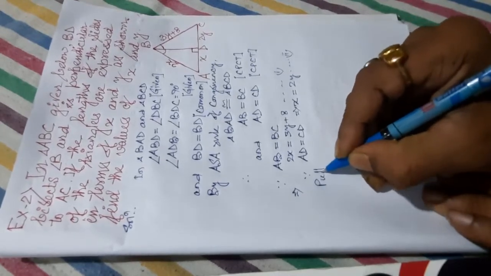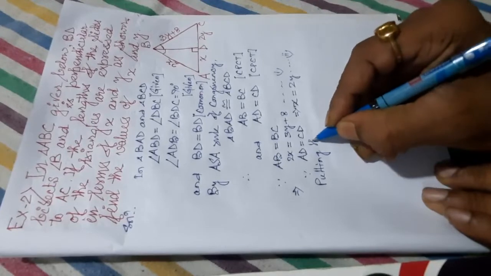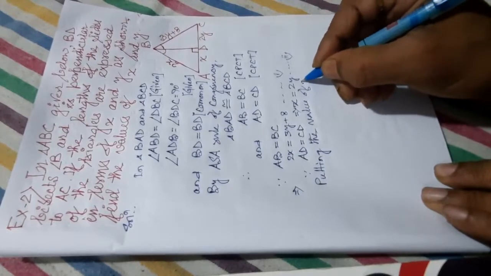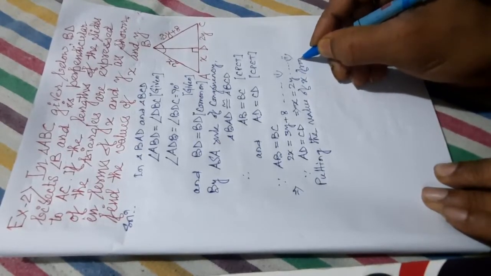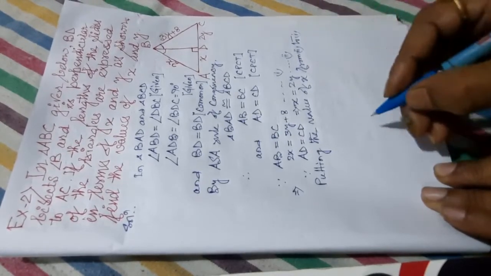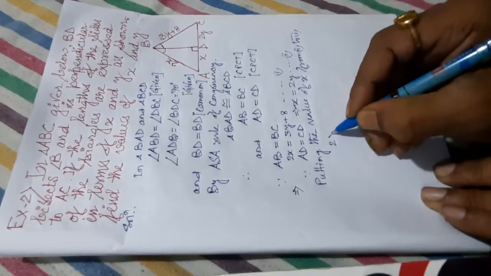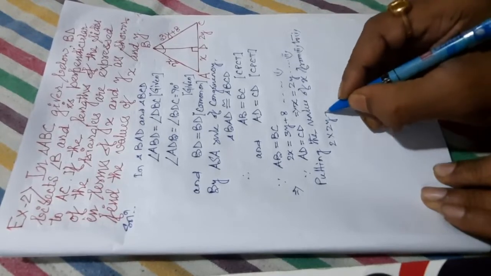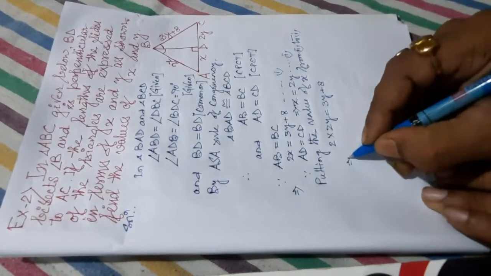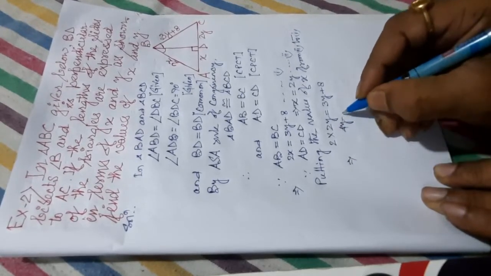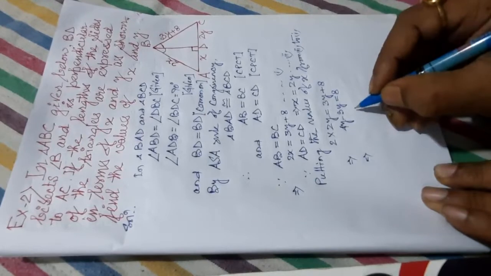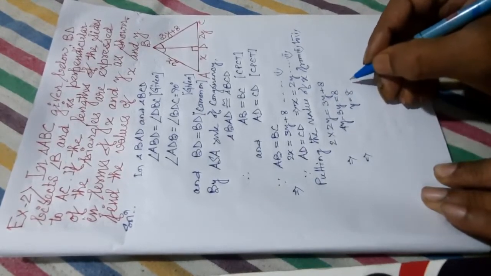Putting the value of x from 2 into 1. 2 into 2y is equal to 3y plus 8, implies 4y minus 3y is equal to 8, implies y is equal to 8.